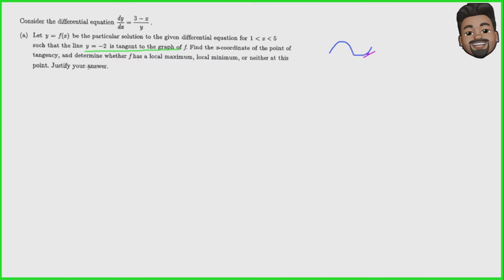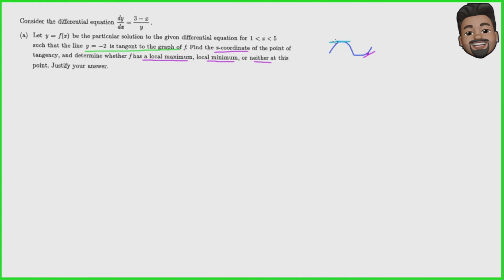Find the x-coordinate of the point of tangency and determine whether f has a local maximum, local minimum, or neither. This is really important, because what this problem is telling us is we need to find out whether it's a local min or a local max. Well, that means our tangent is going to have to be up here then, right?